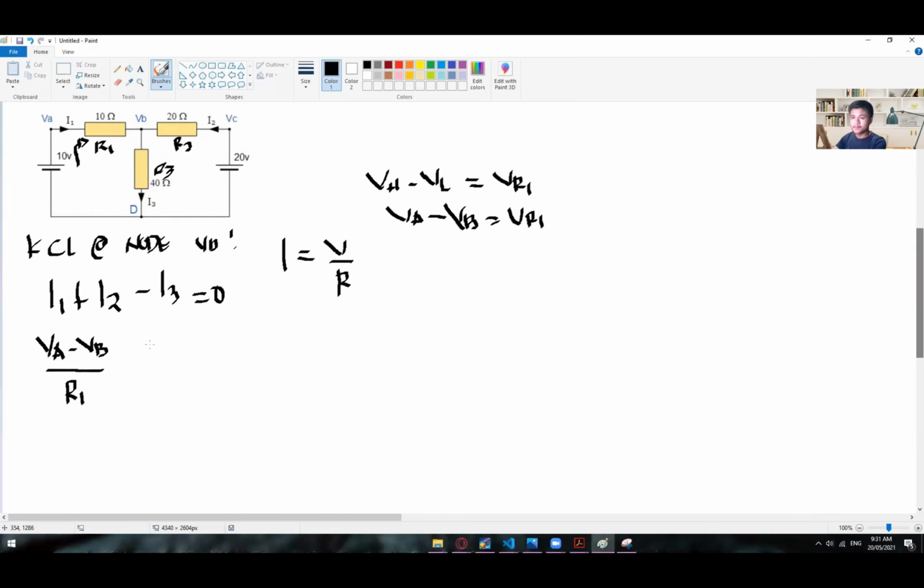So we now have here VA minus VB. VA minus VB is our voltage drop or the voltage across this R1. So are we clear so far on how we got this VA minus VB divided by R1 right here? Just give me a thumbs up to let me know that you were able to get this one.